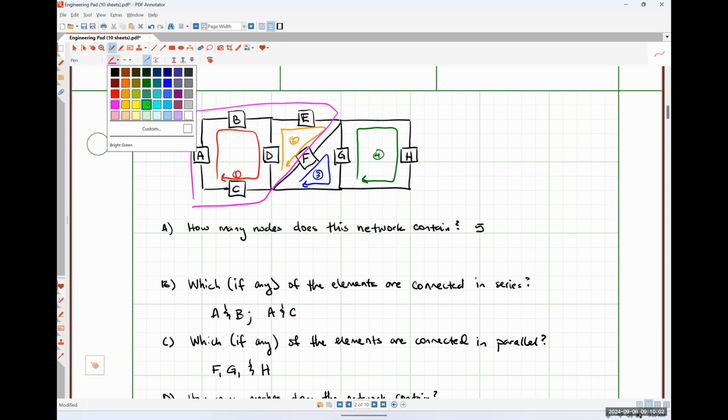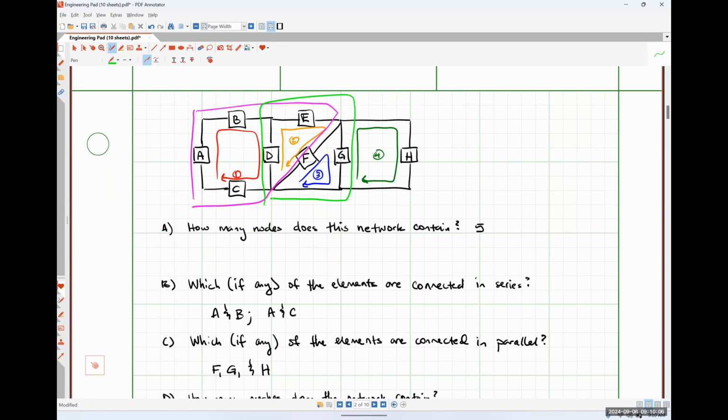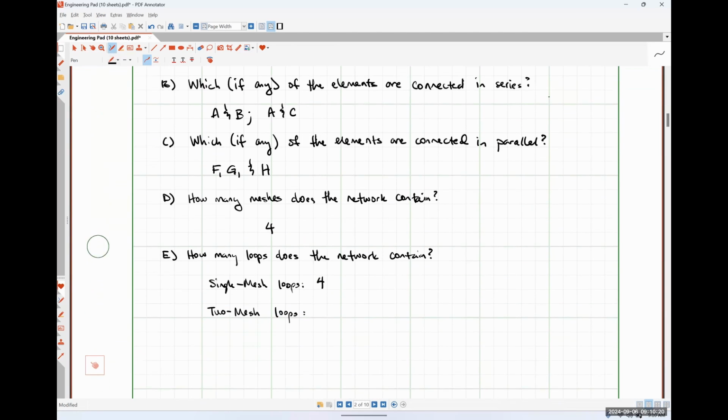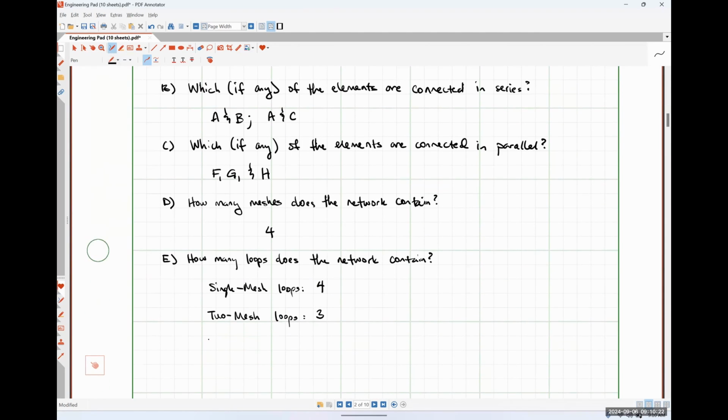We could combine meshes 2 and 3 to get this loop. And we could combine meshes 3 and 4 to get this loop, right? So there are 3 2 mesh loops. How many 3 mesh loops are there?